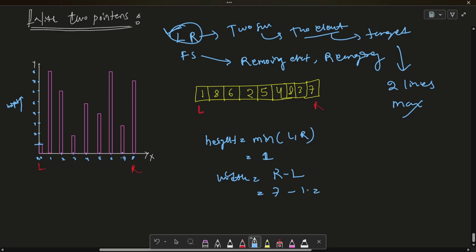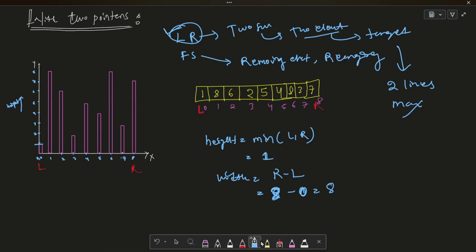The right is actually pointing to 8, and the left is pointing to 0 for now. So the width will be 8. Let me write the indices so we will not get any confusion: 0, 1, 2, 3, 4, 5, 6, 7, 8.